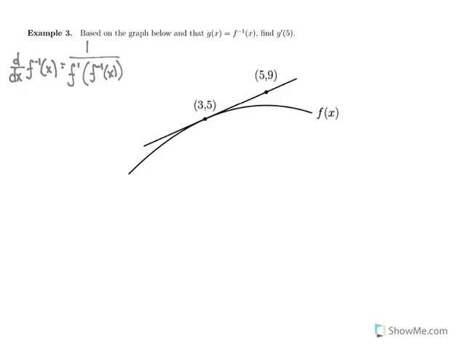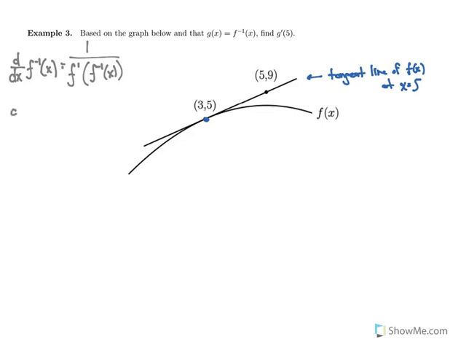So based on this graph below, we want to find the derivative of g at 5. And we're given some information. We're given the function and the tangent line of f at x equals 5.